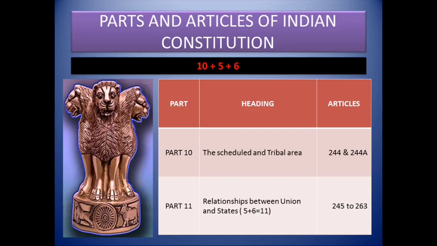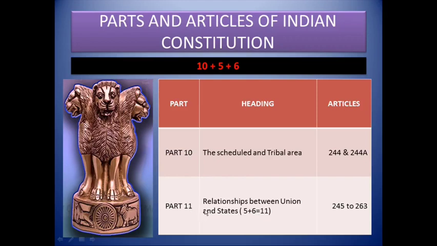I said 5 plus 6. The 5 stands for Union, the number of letters in UNION, 5 letters. And States is 6 letters, STATES. So 5 plus 6 is 11. That is Part 11.